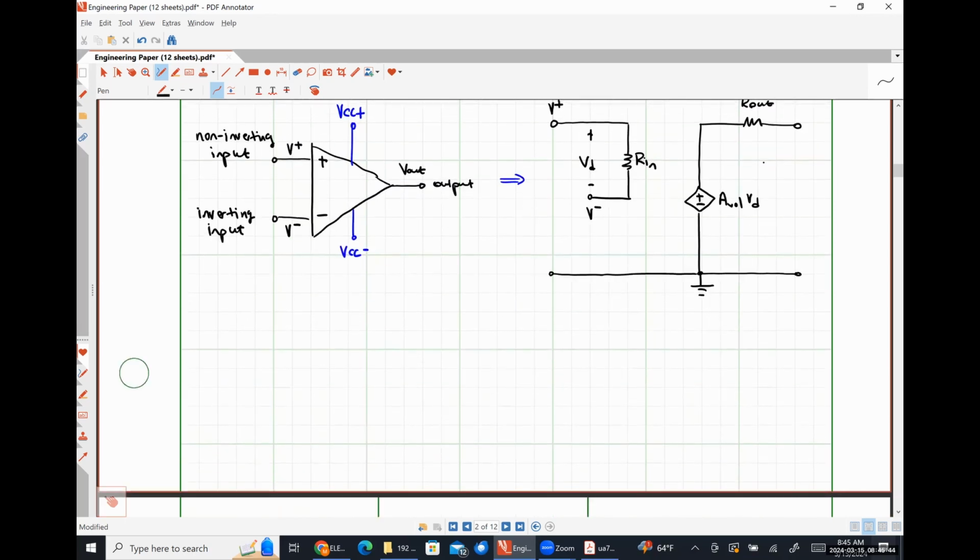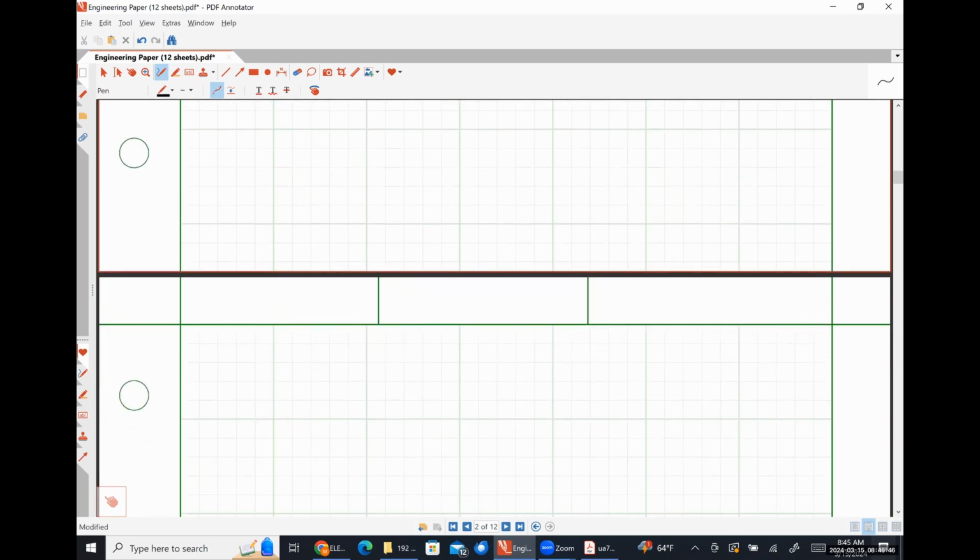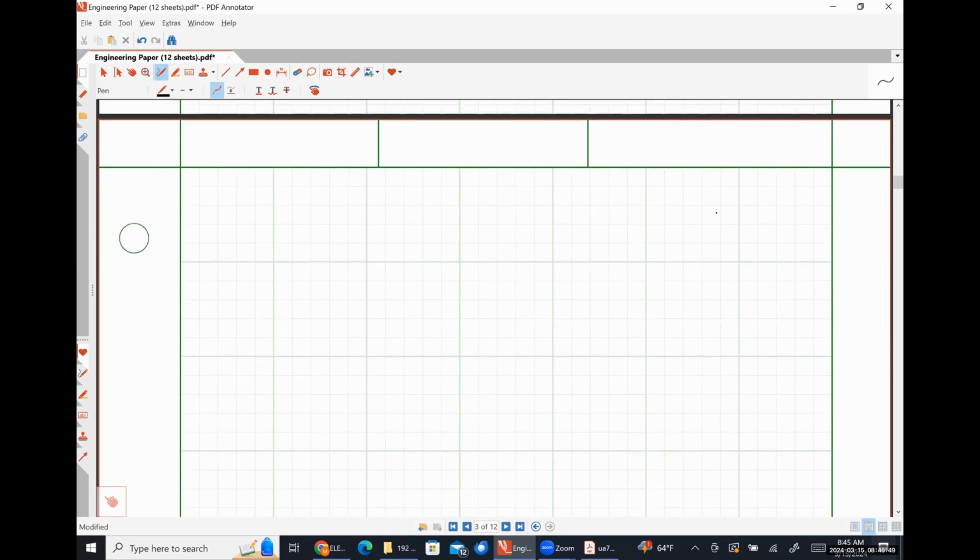So let's say that I want to analyze the following circuit. So I have a simple op-amp circuit where I'm going to apply a 1 volt signal to the non-inverting input terminal.